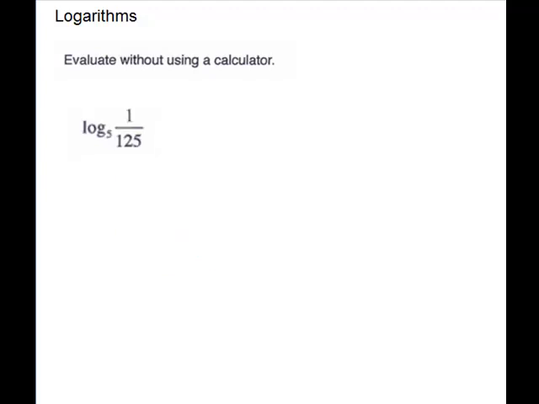Our next problem is we want to evaluate it. 5 to what power is 1 over 125? We'll just call this x. So what we really want to do here is rewrite this side in terms of the same base as this one.